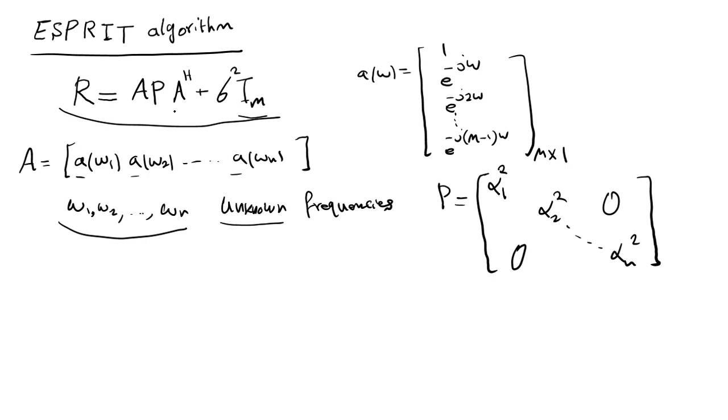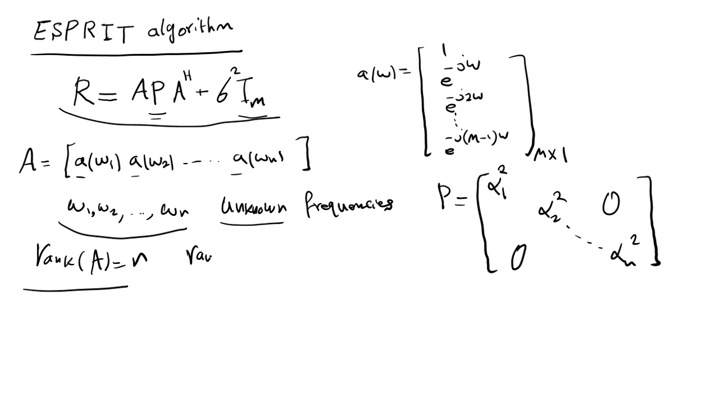A P A Hermitian. A is a Vandermonde matrix. The rank of A is n, and also the rank of P, because it's a diagonal matrix, is n.